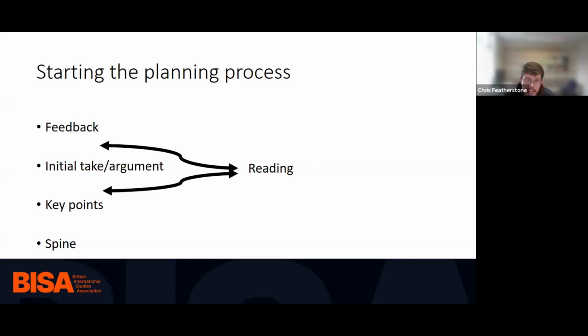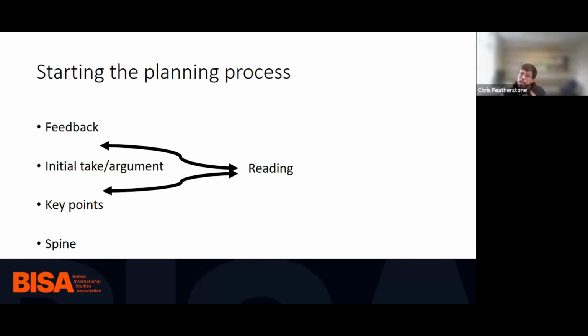If we were to look back at that question from the previous slide, which particular IR theory are you going to focus on? Okay, if you're taking a realist point of view, well, then you're going to need to explain what realism is, why you think it's a useful perspective to explain the Iraq War.